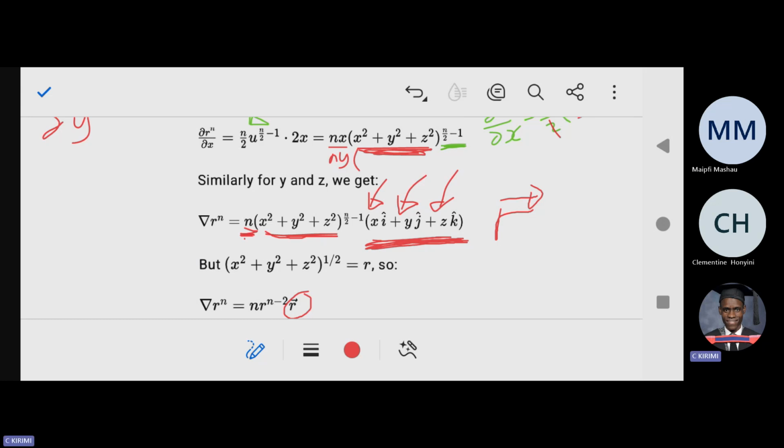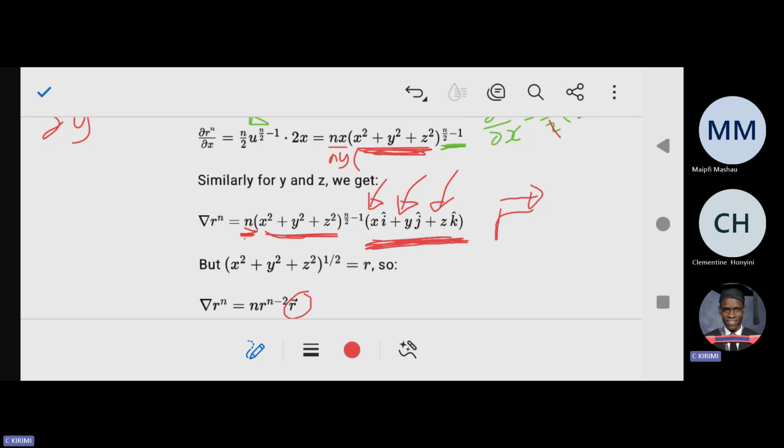It's a matter of just manipulating x squared plus y squared plus z squared to the power n over 2 minus 1. Because the square root there is going to be negative half, it's going to be n multiplied by the vector over the r, which is x y z at the bottom.